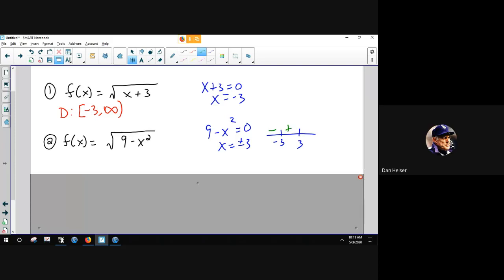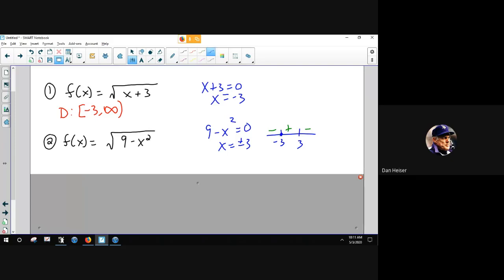Pick a number to the right of 3. How about 4? 9 minus 4 squared. 9 minus 16. That's a negative number. I'm looking for where I have positive values.